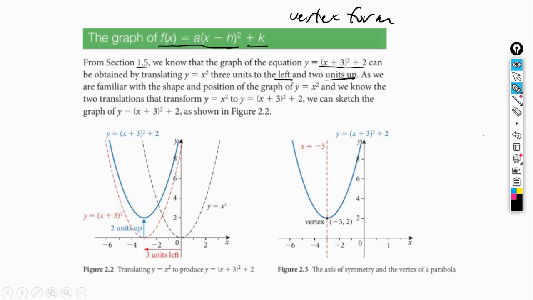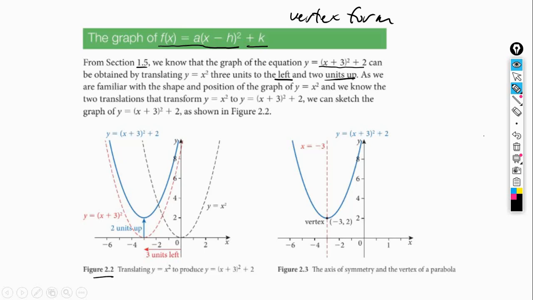As we are familiar with the shape and position of the graph of y equals x squared, and we know the two translations that transform y equals x squared to y equals (x plus 3) squared plus 2, we can sketch the graph as shown here in figure 2.2.